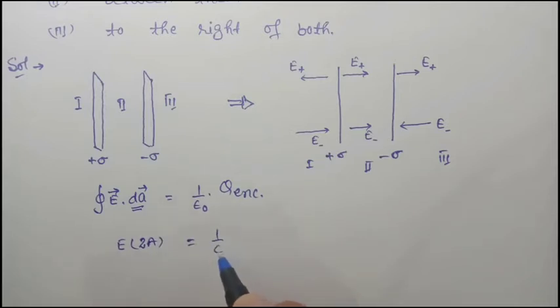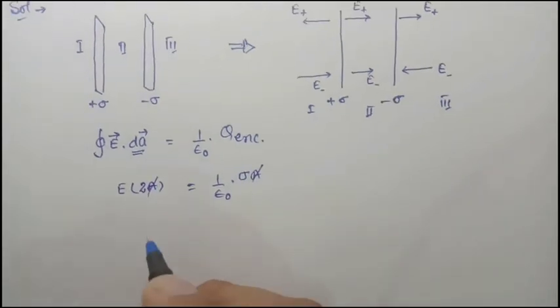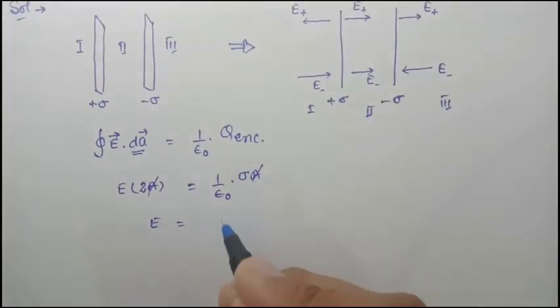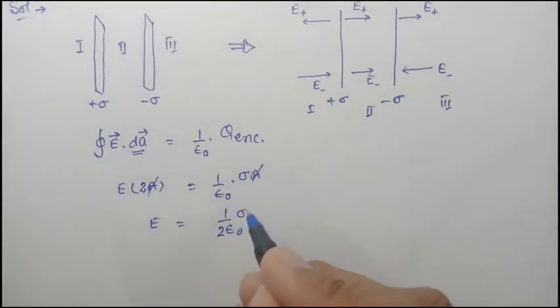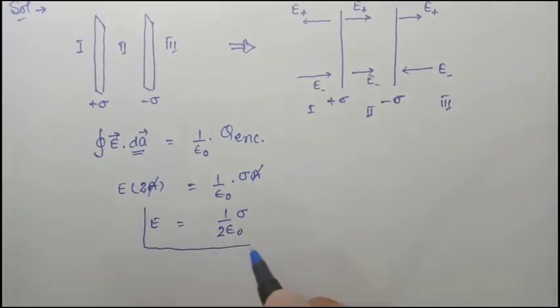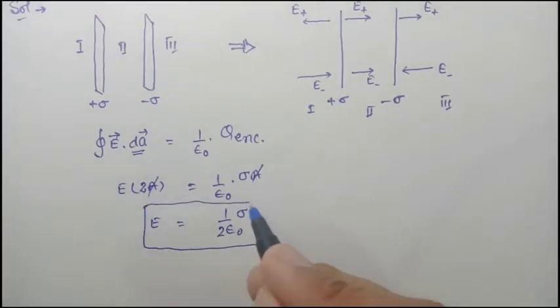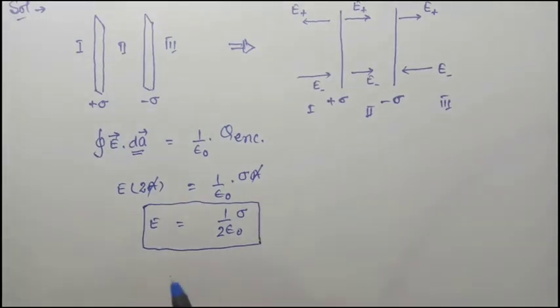Similarly here we have 1 over epsilon naught, charge is sigma times area, so area is cancelled with this, so we get E equals 1 over 2 epsilon naught sigma. So here either we have a positive charge or a negative charge density. In both cases the electric field is equal to sigma over 2 epsilon naught.